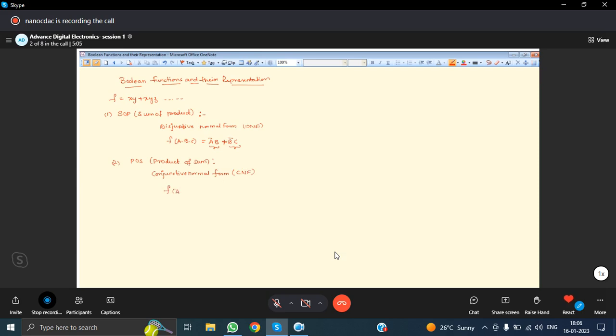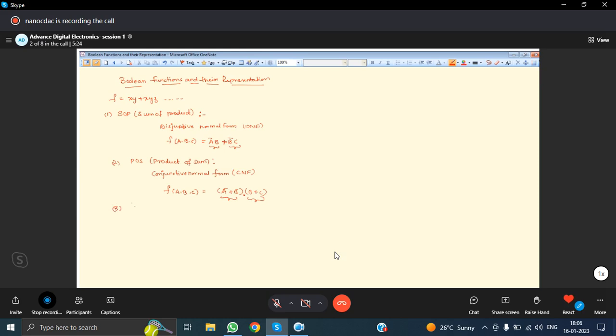Normally a function with variables a, b, c can be represented as a bar plus b bar, into b plus c. The function may be anything. This is a sum and this is a sum, and in between we are using a product, so it is a product of sums.